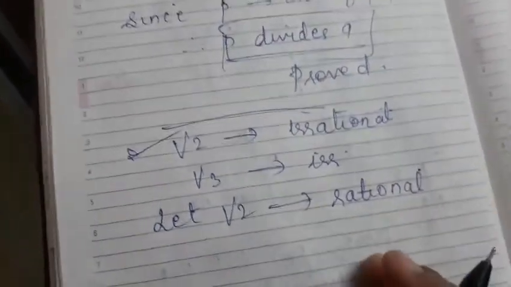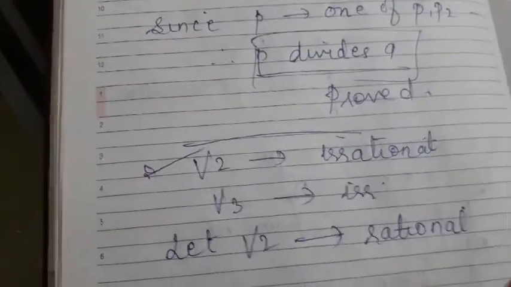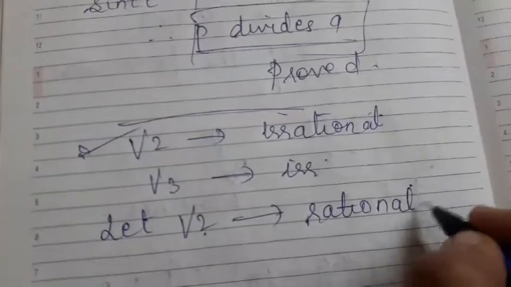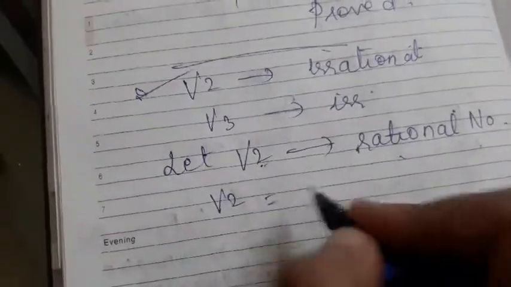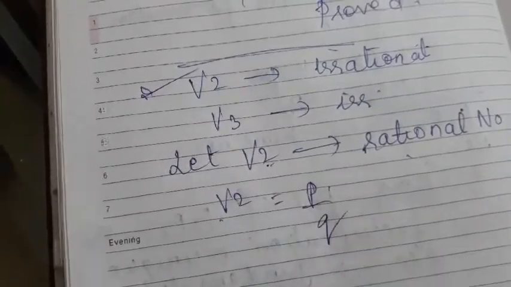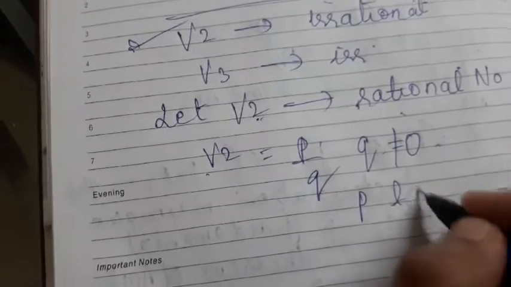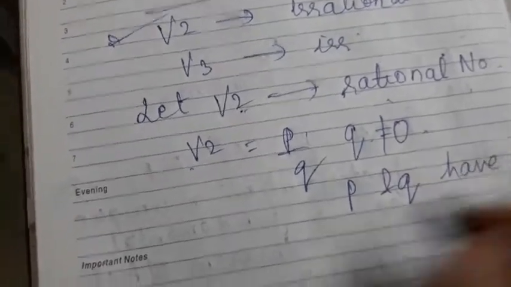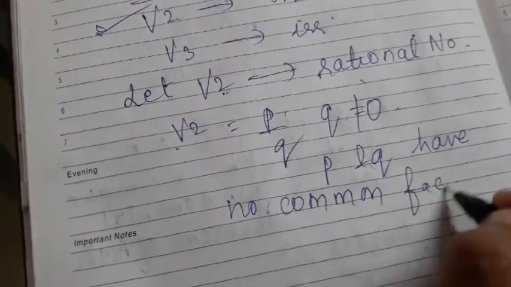We are going to prove these theorems by contradiction, so we assume that root 2 is a rational number. Now when root 2 is a rational number, we can write root 2 in the form of p by q, where q is not equal to 0, and p and q have no common factor between them.